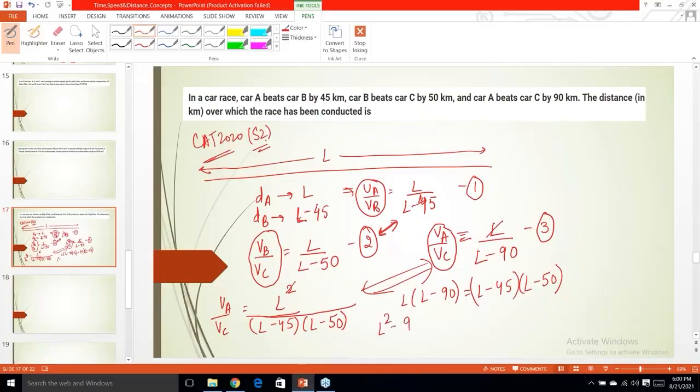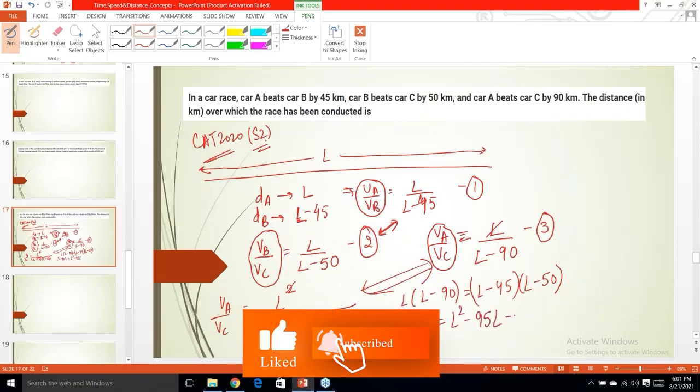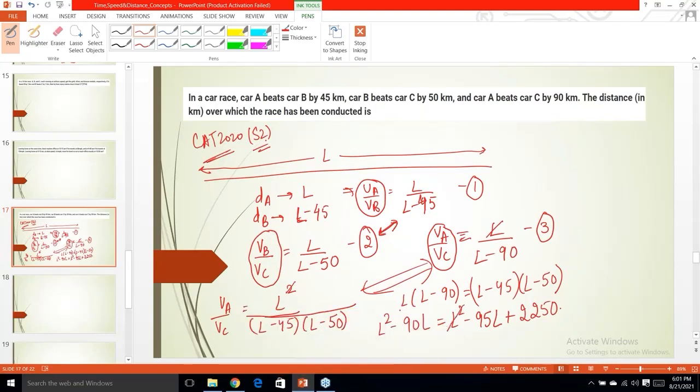L square minus 90L is L square minus 95L plus 2250, right? L square gets cancelled. I'll just solve it here, okay? So 5L becomes 2250, which means L becomes 450. Clear?